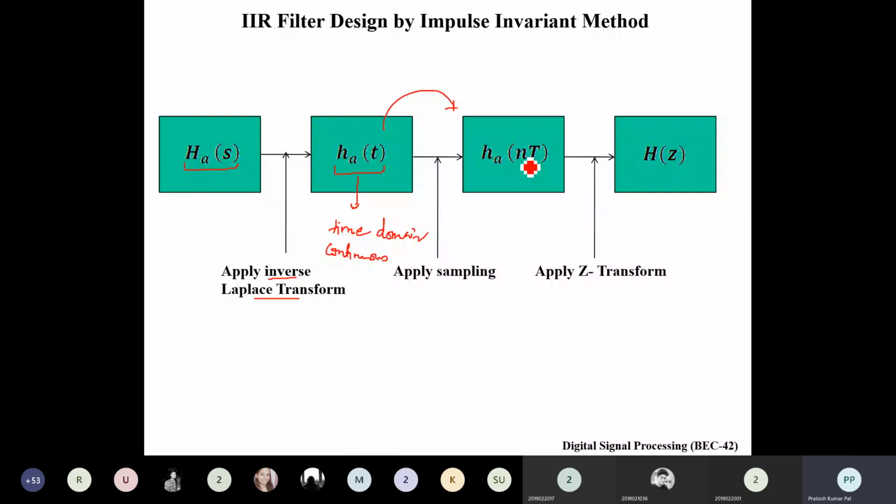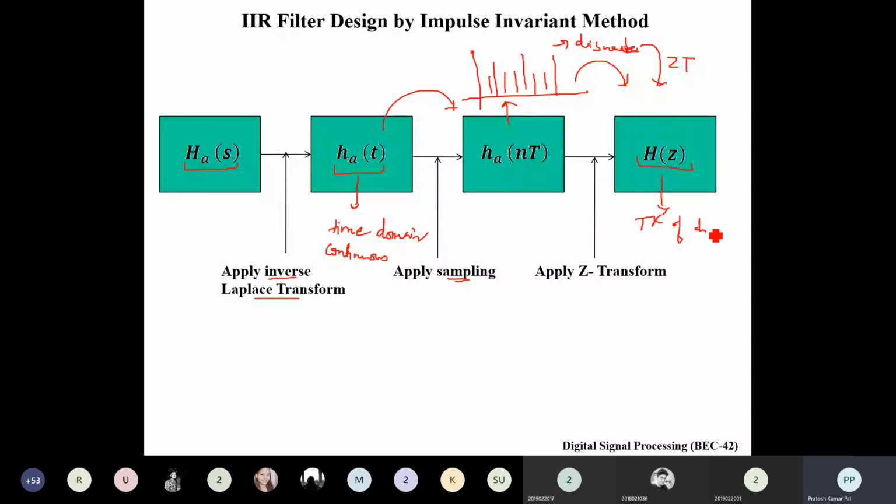This sampled version will be in impulse form. This system will then be converted by using the Z transform to get H of z, which will be the transfer function of the digital filter.